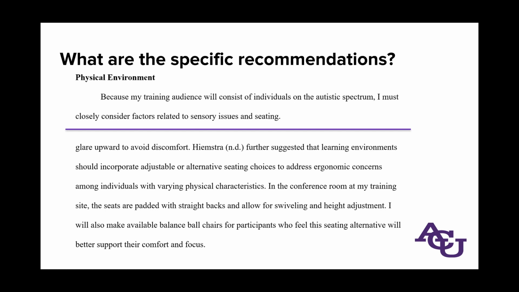In the conference room at my training site, the seats are padded with straight backs and allow for swiveling and height adjustment. I will also make available balance ball chairs for participants who feel this seating alternative will better support their comfort and focus.